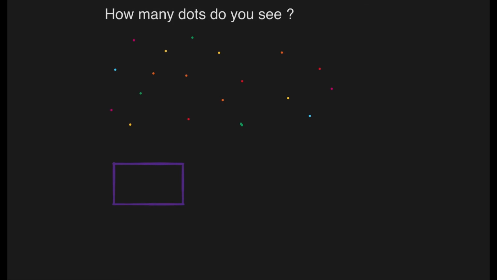Okay, so on this question, they're asking us, how many dots do you see? Ooh, it looks like a rainbow design of dots. Okay, let's count them.